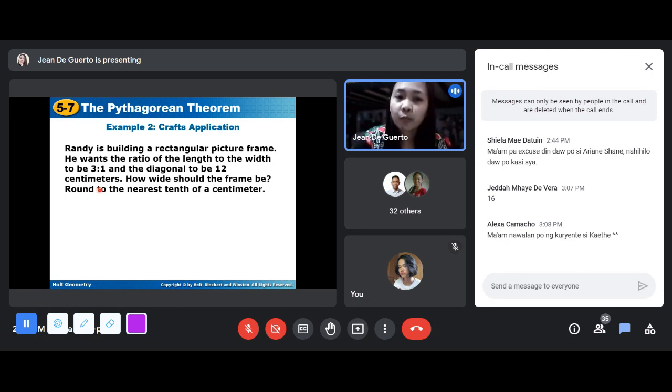Okay? So, ibig sabihin, ito, yung 3:1 is the ratio of the length to the width. So, 3 yung length, 1 yung width niya. Okay? Yung diagonal, if you are going to draw the diagonal, makakabuo tayo dun sa rectangle, makakabuo tayo ng right triangle.